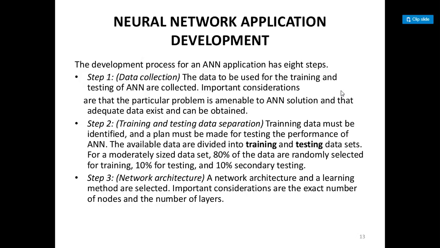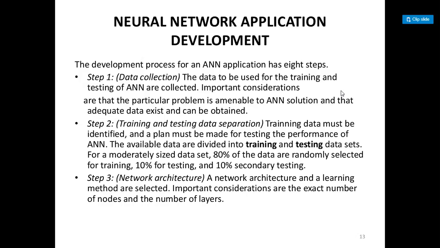In step 2, we divide the data into two sets, the training data set and the testing data set. The training data set is the data for which we know the final solutions. For example, in the scenario of image recognition, we have collected 10 images, and we can identify whose images these are.